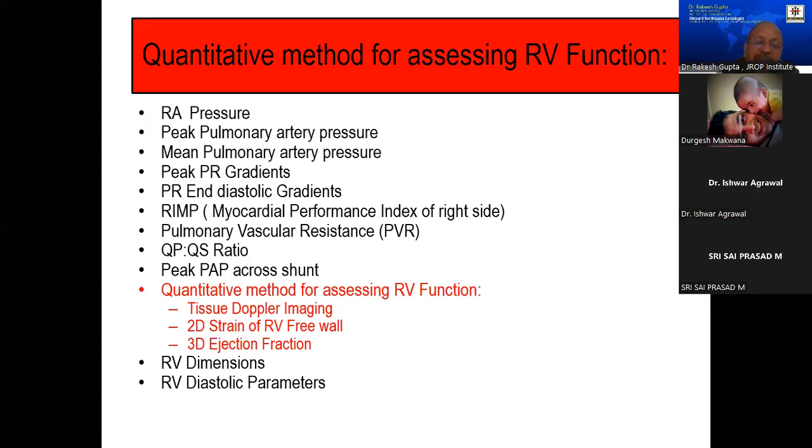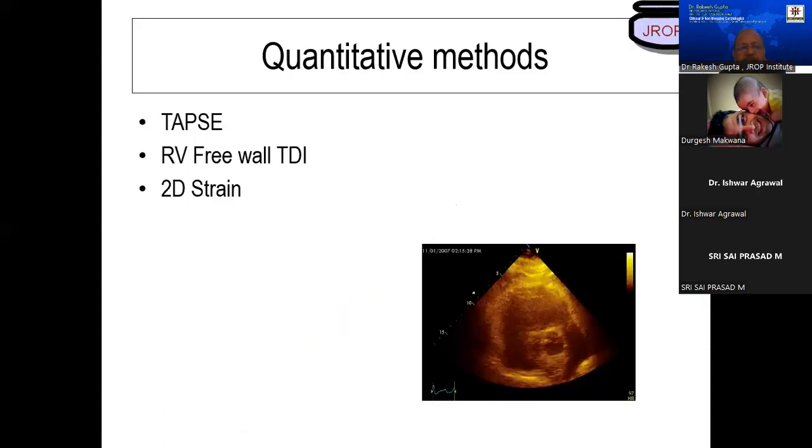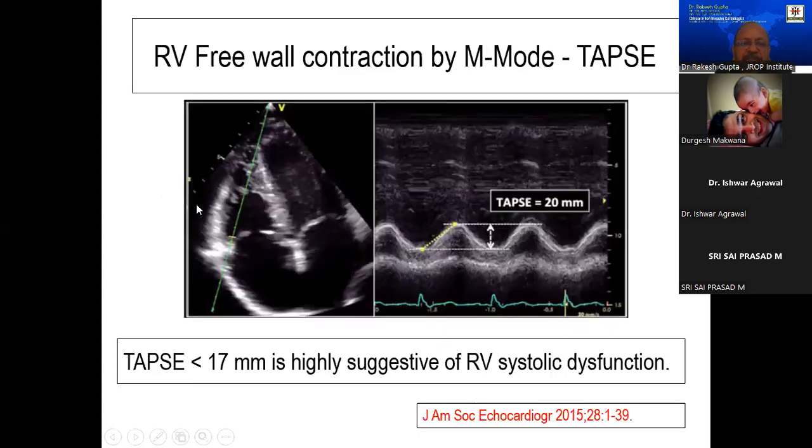Now, how do we really look at RV function? We have talked about all this RV function before also, but I'm going to talk about it again. We look at TAPSE, we look at RV free wall TDI and 2-dimensional strain. What is TAPSE? Tricuspid annular plane systolic excursion. We put a cursor line across the RV free wall.